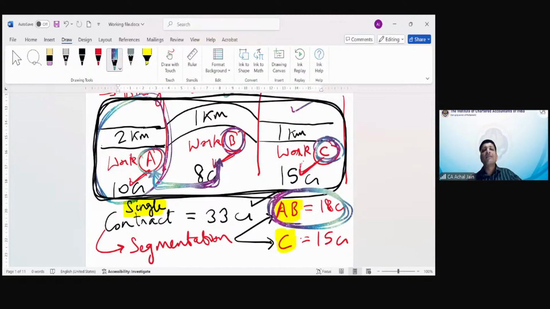Now we don't know whether that one part is 50% or 60% or 30%, you will have to derive that. So the percentage of 18 crore that is completed, that is what you will recognize as revenue.